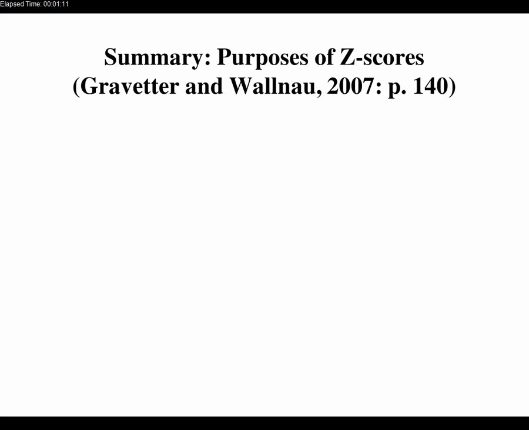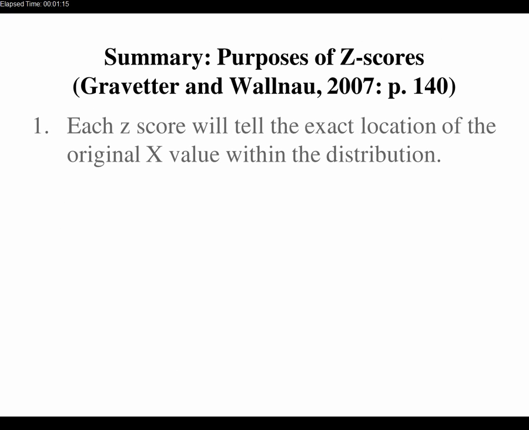So here's the summary. What's the purpose of a z-score? Raviter and Wallnow says that each z-score tells the exact location of the original x value within the distribution. Okay, so it's just telling me on the x-axis of the curve, let me draw it.